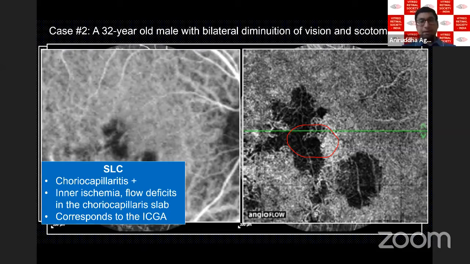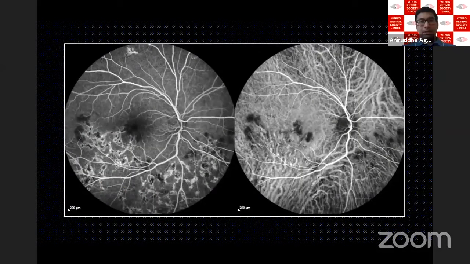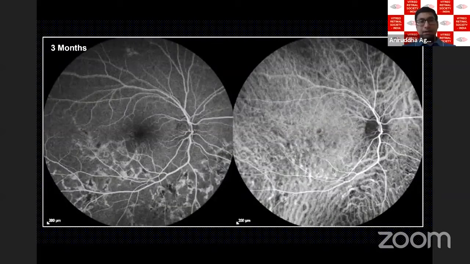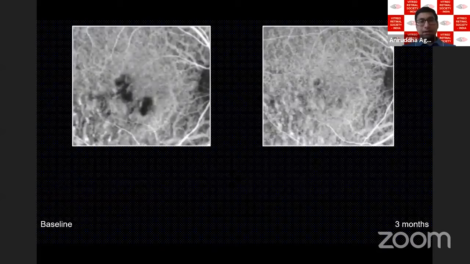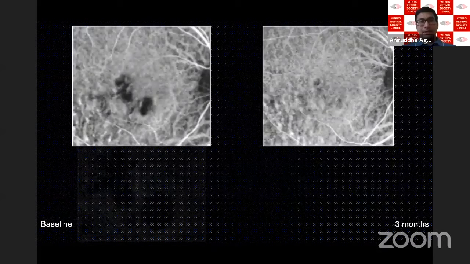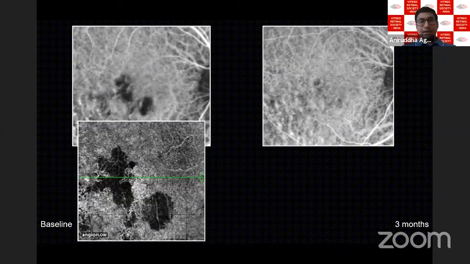Now, if you look at this combined fluorescein and ICG during the healing process, once the lesions have healed at 3 months, on the ICG, you can actually see now that the lesions have nearly resolved. You do not have much of the hypofluorescence that you had at baseline, and so there is near complete resolution of the choriocapillaries inflammation. What does the OCT angio tell you? The OCT angio very beautifully shows you the healing pattern of the choriocapillaries.